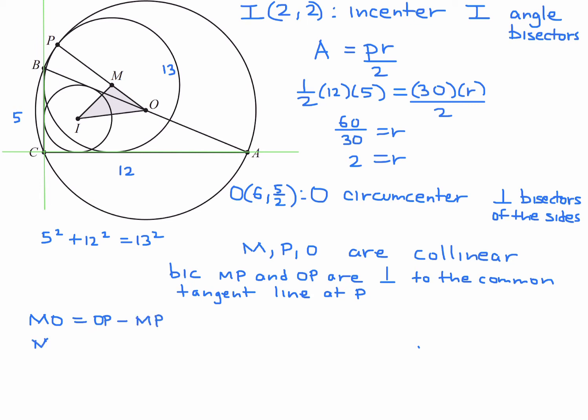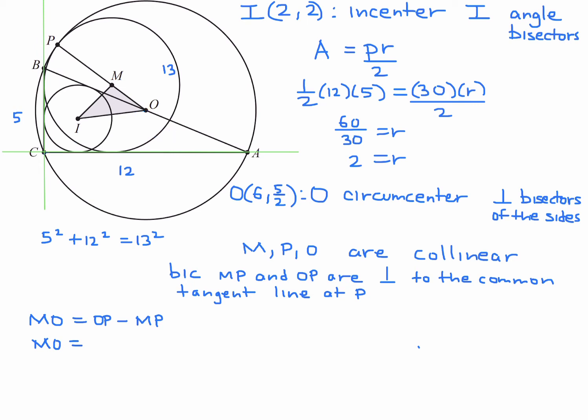OP is just the radius of the big circle, and we can easily figure that out with Pythagoras, where this is 6 and this is 2.5, like that.